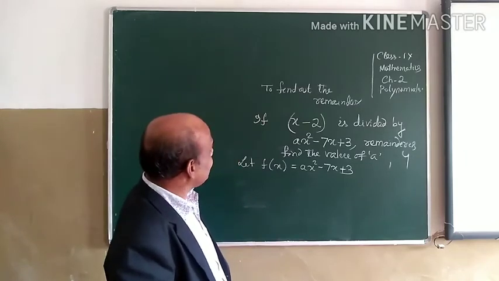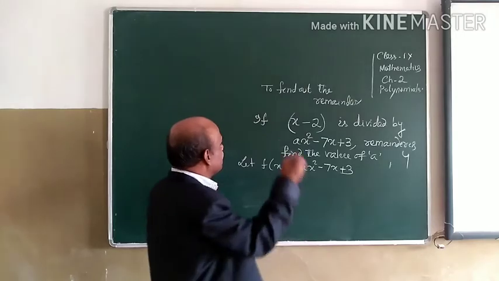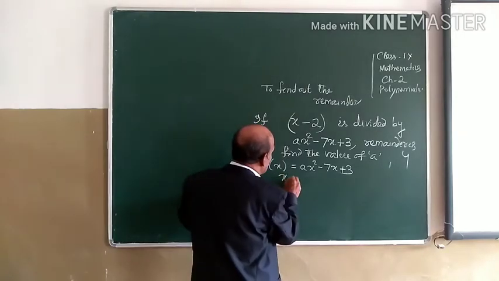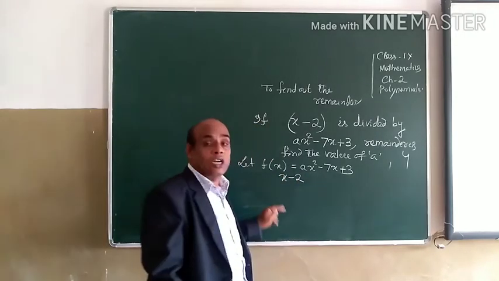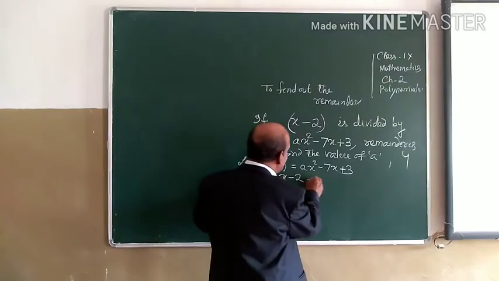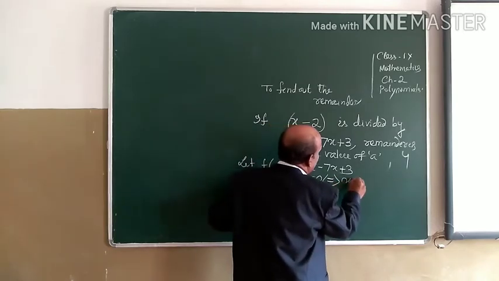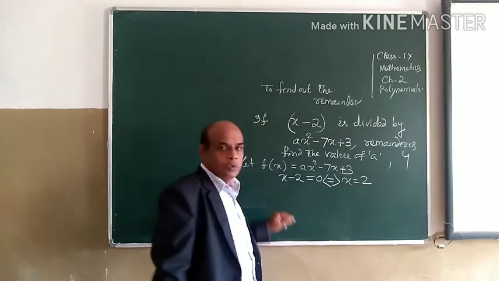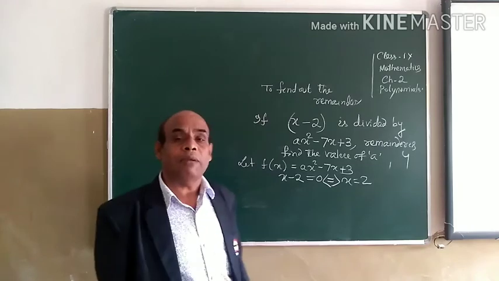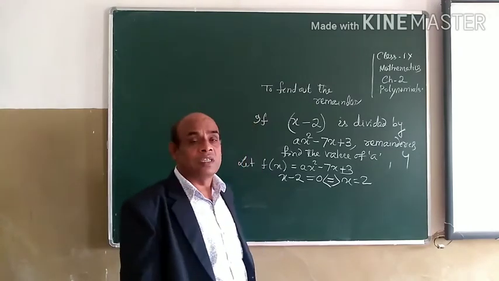Which one is the divisor? x minus 2 is the divisor. So if x minus 2 is a factor of f(x), x minus 2 is equal to 0 if and only if x is equal to 2.